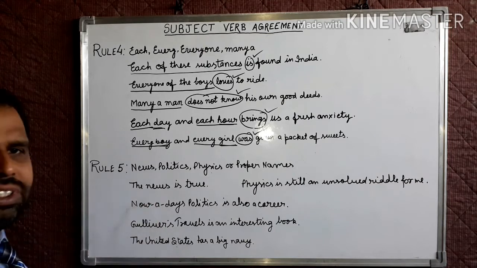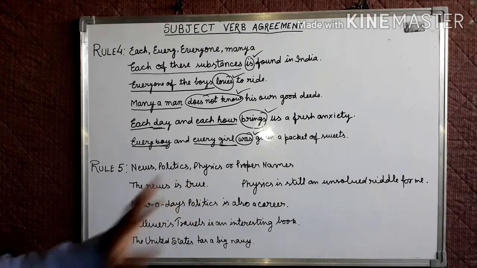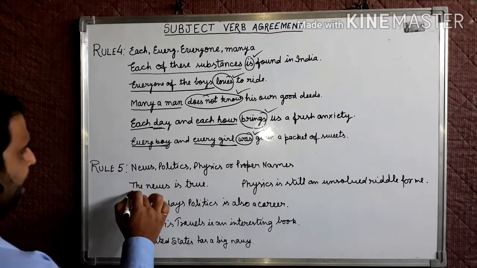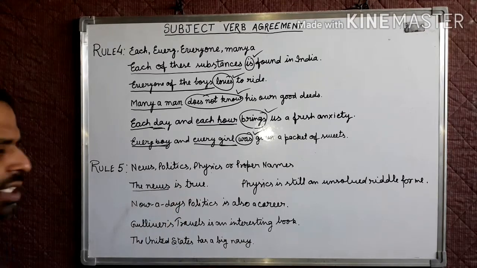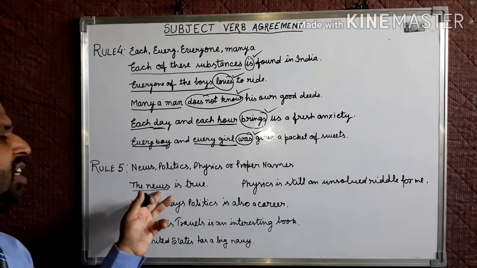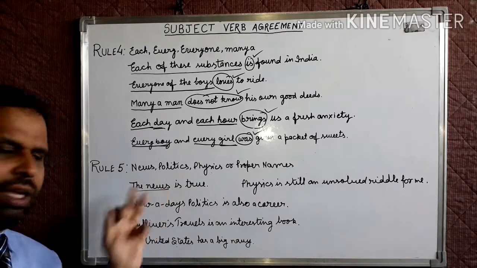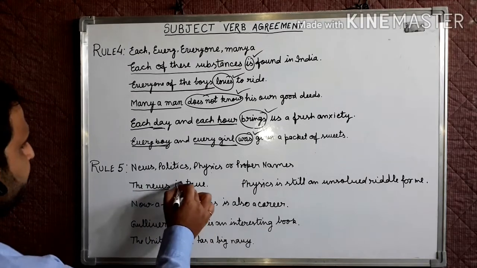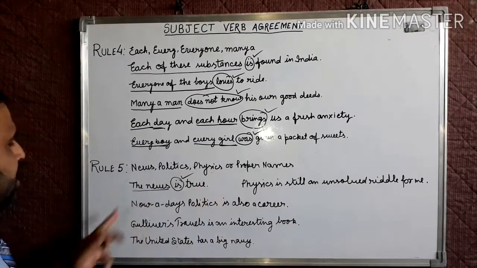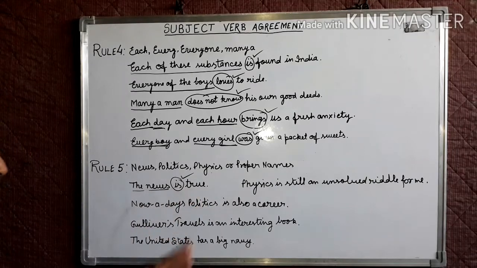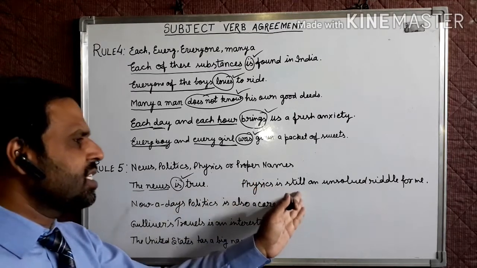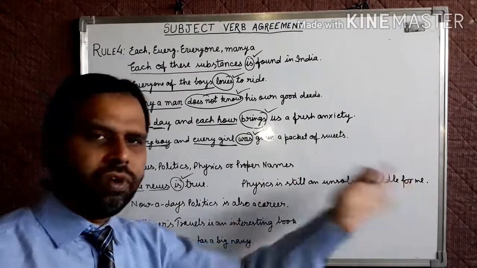So our first sentence is the news is true, because we know that these words are always considered as singular. That's why we have used the verb in singular. The news is true. Again we see physics is still an unsolved riddle for me.